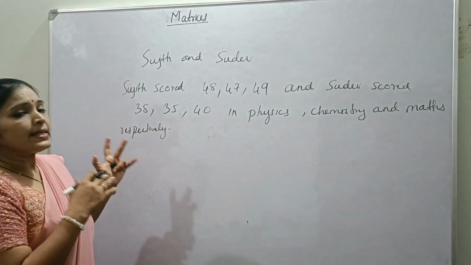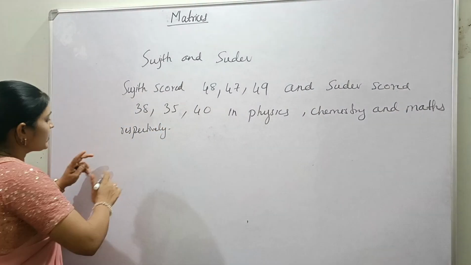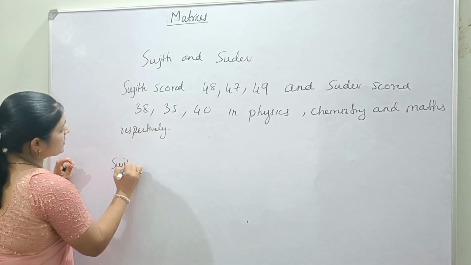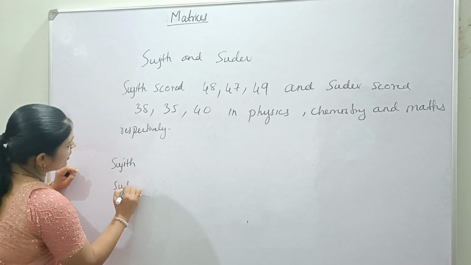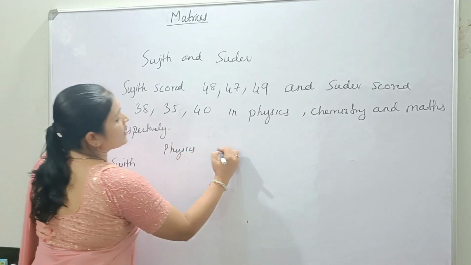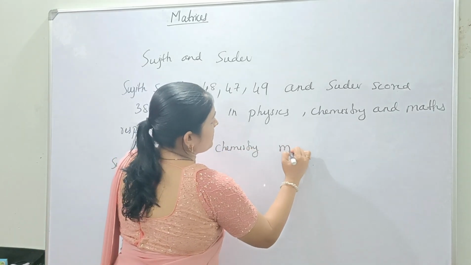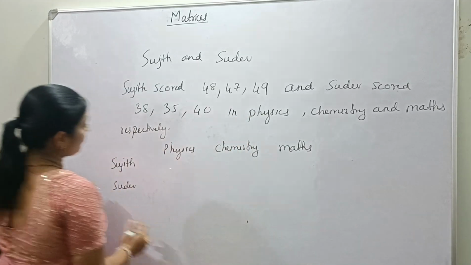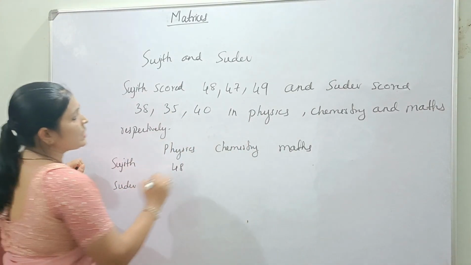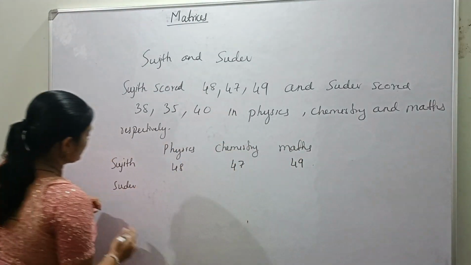Now these scores can be written in tabular form, right? Here Sujit marks and Sudev marks, in physics, chemistry, maths. So Sujit scored 48 in physics, 47 in chemistry, 49 in maths.